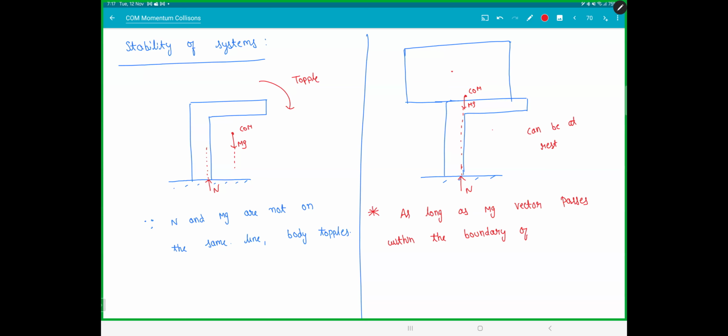Whatever surface is in contact with the ground, as long as your mg passes through that, you're safe. So whenever you want to keep something at rest in a weird position, this is the thing.